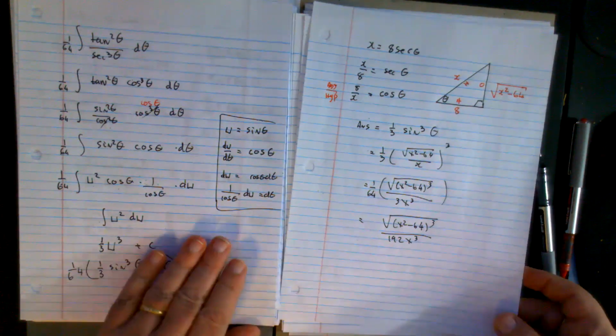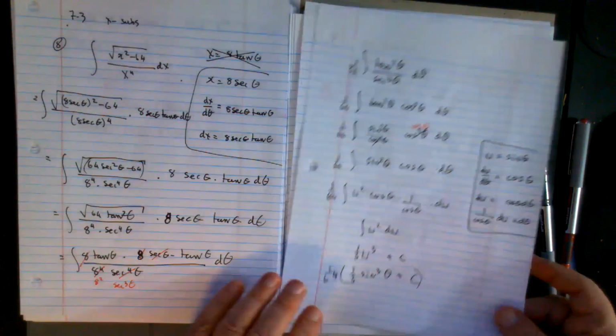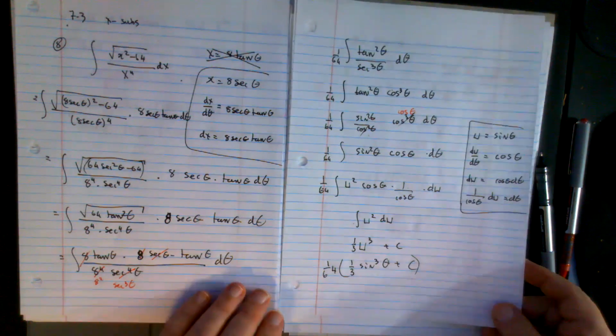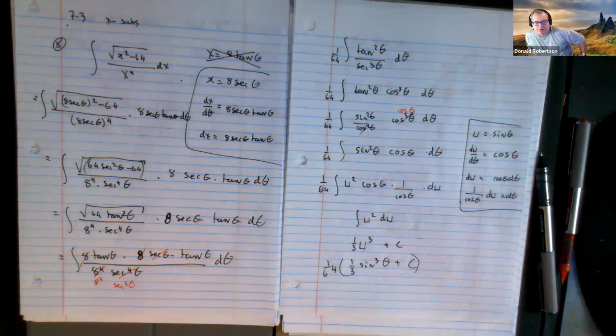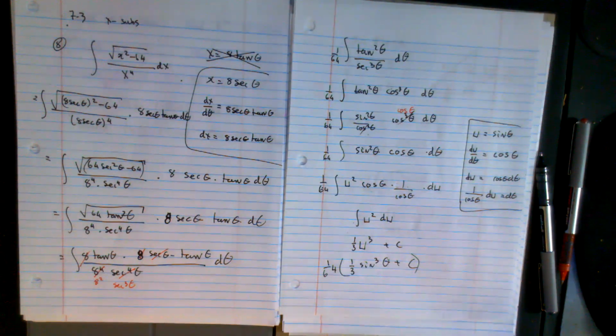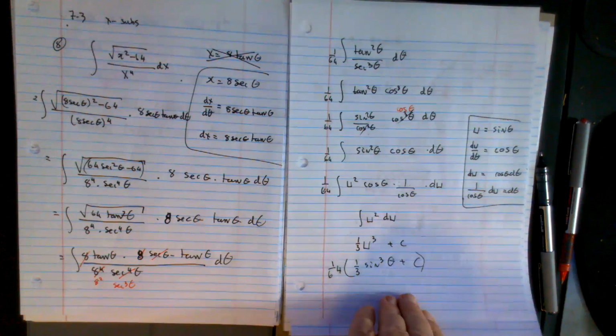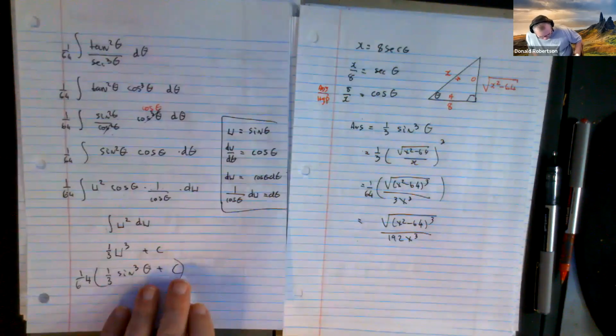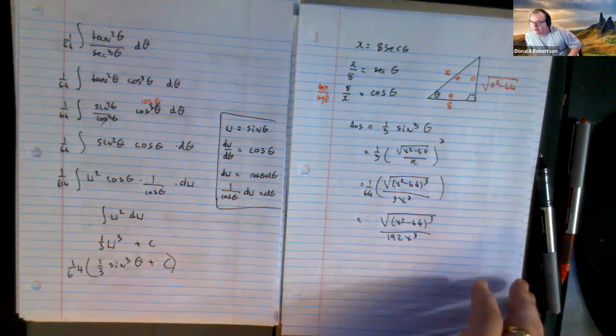Oh, I have a super quick question. Go for it. For those x subs, just technically, would you be able to say theta is equal to the inverse secant of x? You would get dinged for doing that.